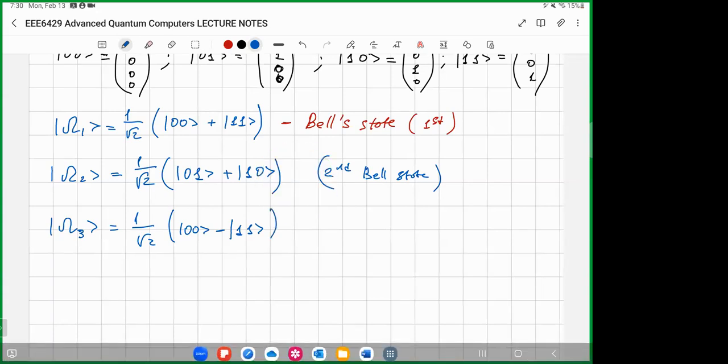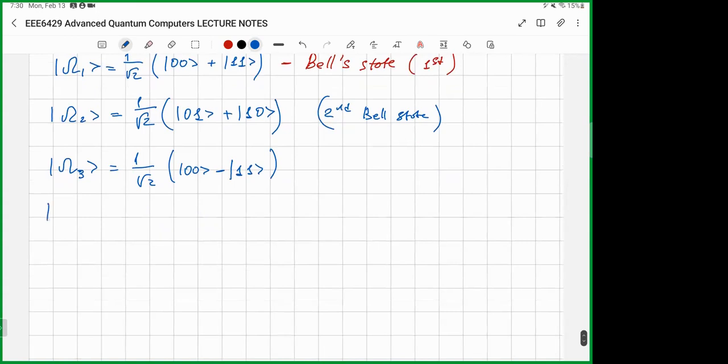This is the third, and finally the fourth Bell state, which is again 1 over square root of 2. I remind you that 1 over square root of 2 is just a normalization prefactor. This is 01 minus 10.